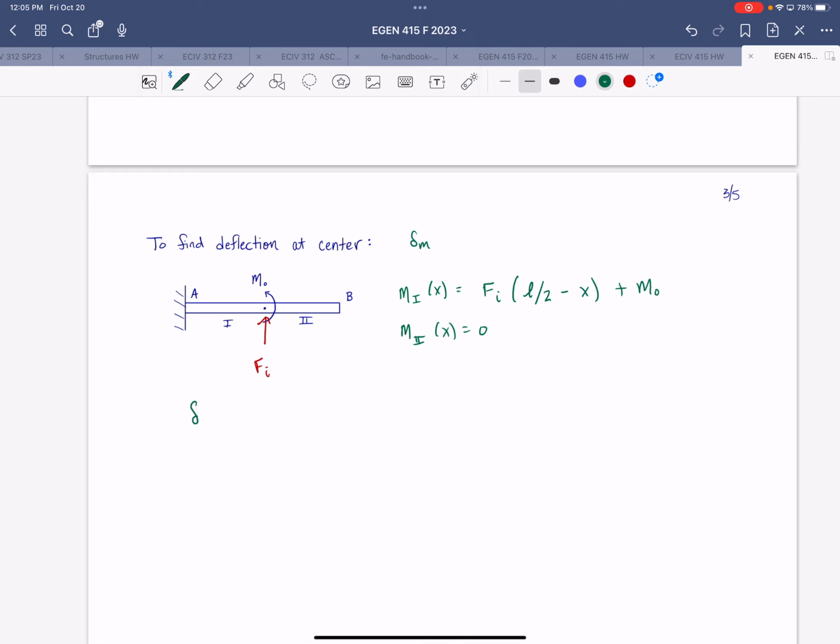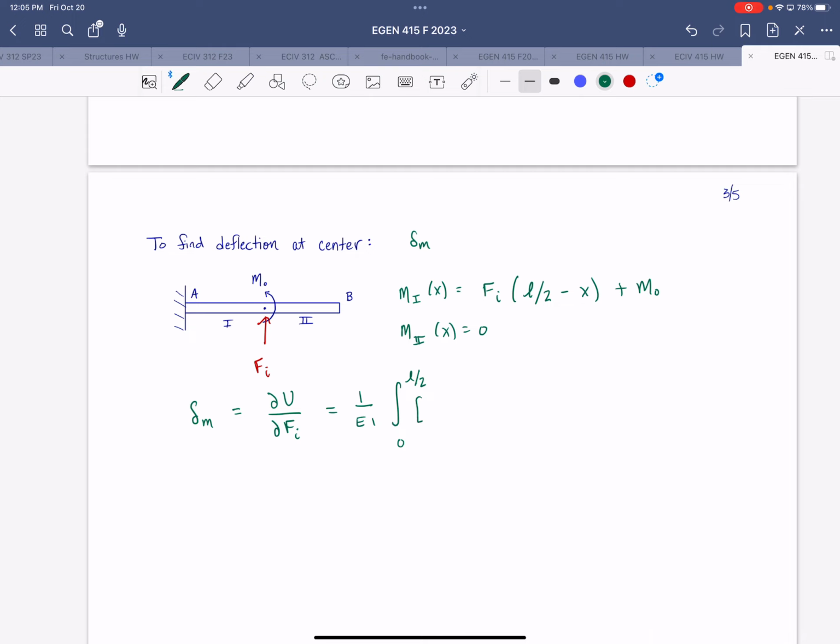So then, applying our method here, the deflection at midspan is the partial derivative of the strain energy with respect to the applied force at that same location, which is our fake force, Fi. So we have 1 over EI times the integral from 0 to L over 2 for region 1.